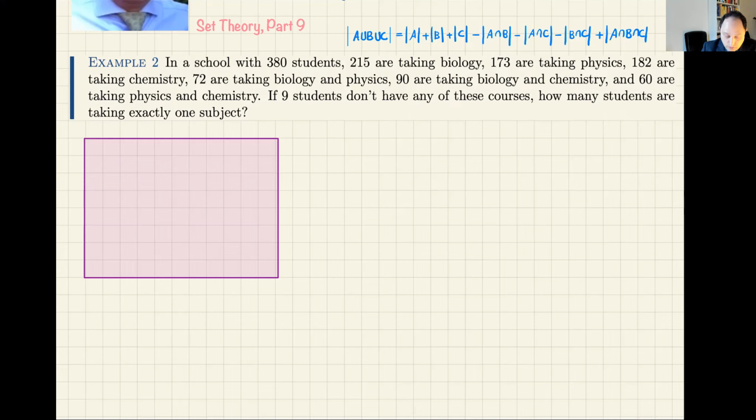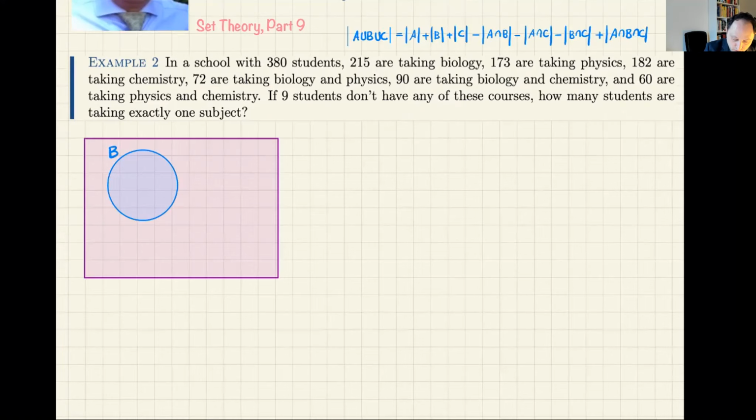That's the problem. When I read that 72 are taking biology and physics, 90 are taking biology and chemistry, and 60 are taking physics and chemistry, it means that all these sets have something in common, yes? So I will draw a circle representing the first subject, which is biology in this case.